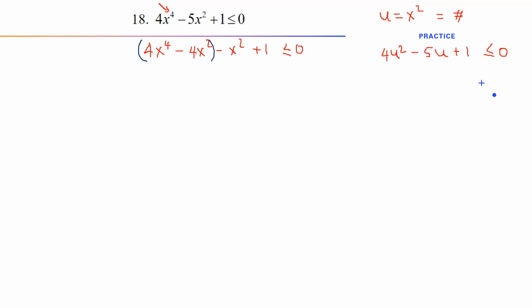The common factor is 4x squared, and we are left with x squared minus 1. Then take the negative out, and we have x squared minus 1 here as well, less than or equal to 0. The common factor is x squared minus 1, times 4x squared minus 1.